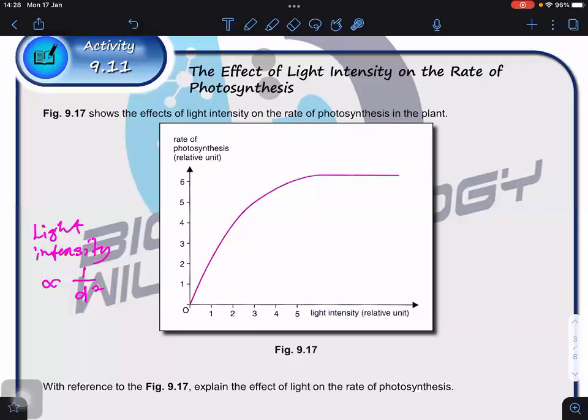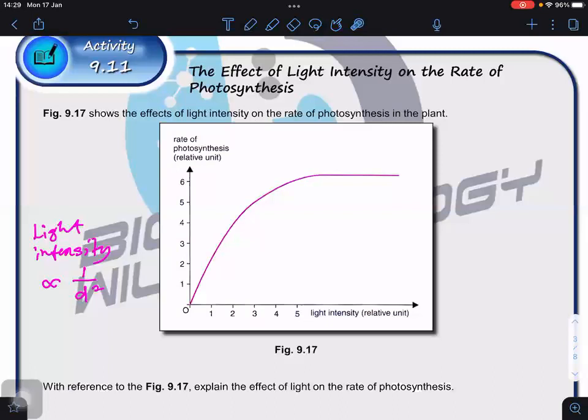So the best way to determine how much photosynthesis takes place is to refer to how much product is formed, and that is determined by the Calvin cycle. How much product can be formed is determined by how fast the Calvin cycle can take place.